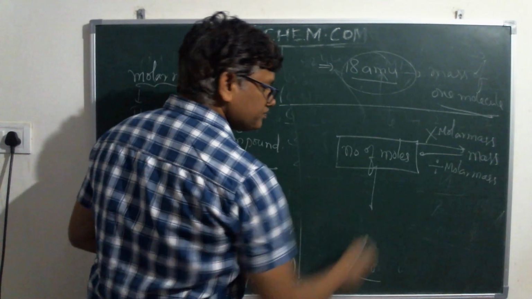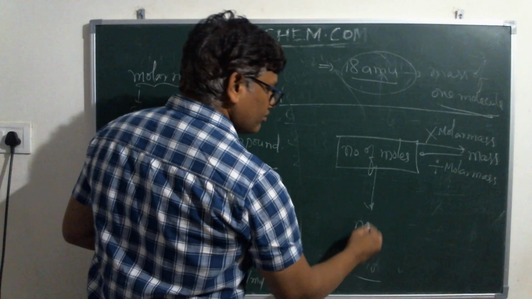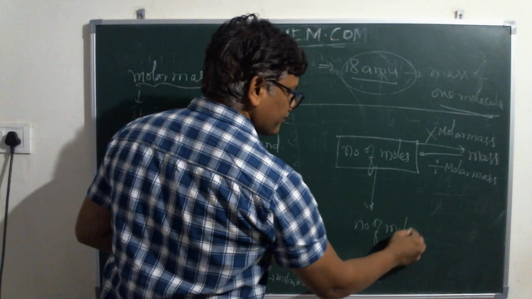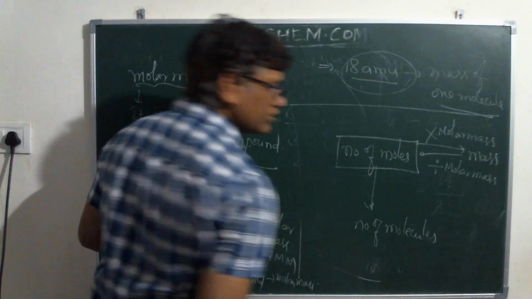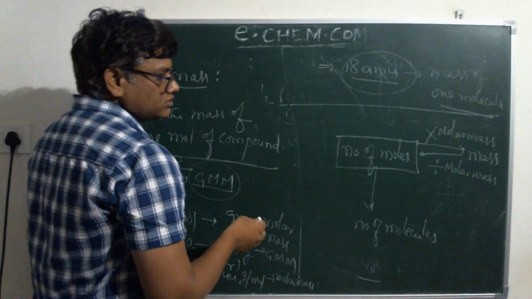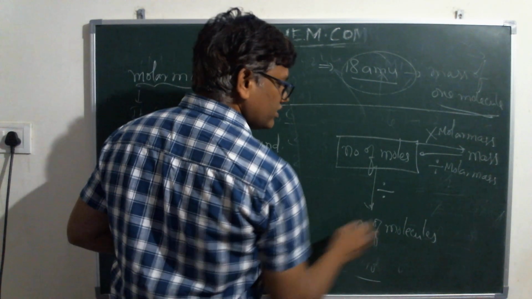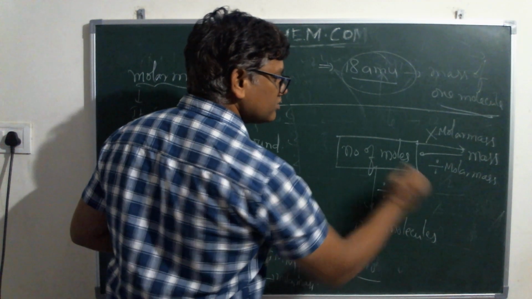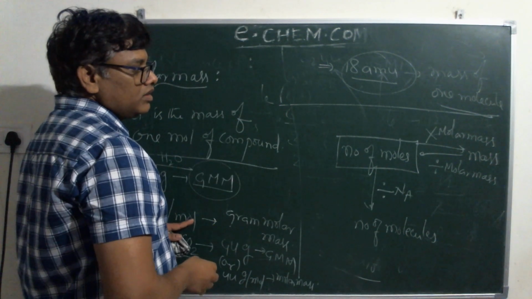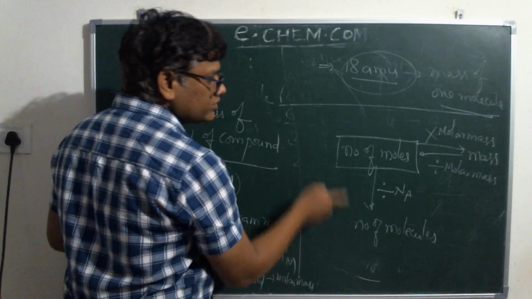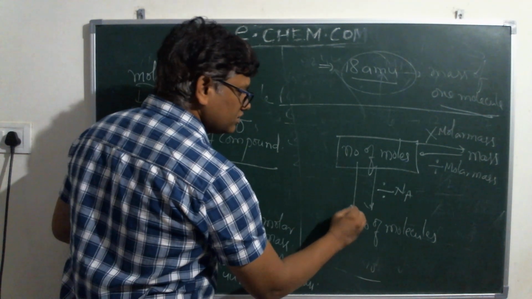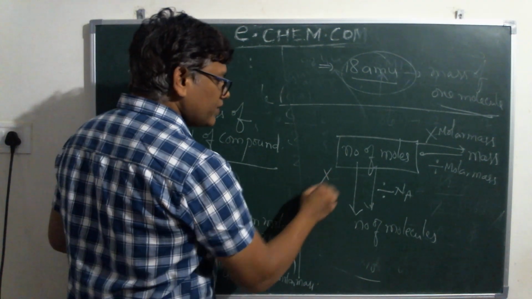Suppose you know the number of molecules. If you want to convert these molecules into moles, you have to divide the given number of molecules by Avogadro number. If you want to calculate the number of molecules from moles, then you have to multiply by Avogadro number.